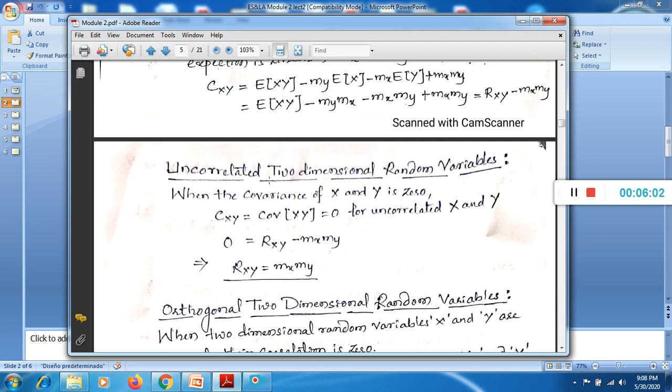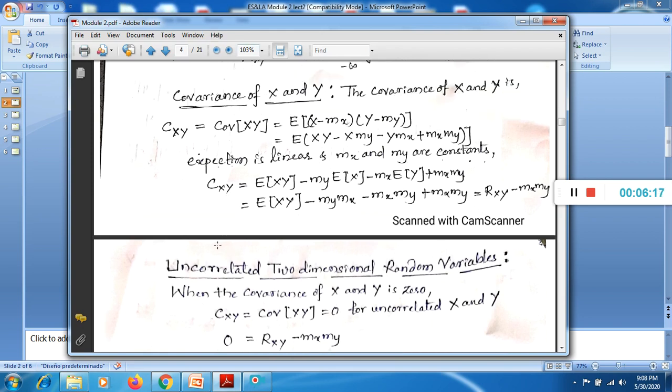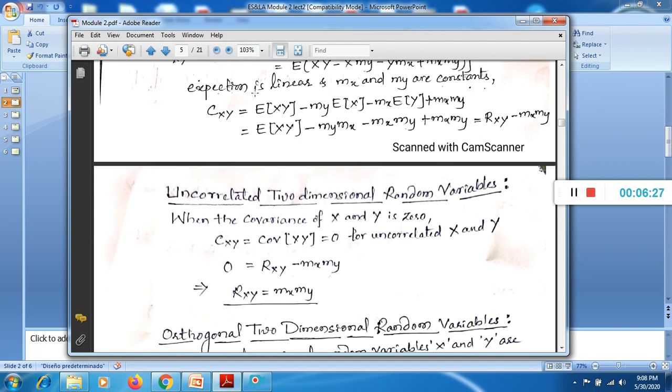If there is no correlation between X and Y, then C_XY is equal to 0. When the covariance of X and Y is 0, we can say that they are not correlated.